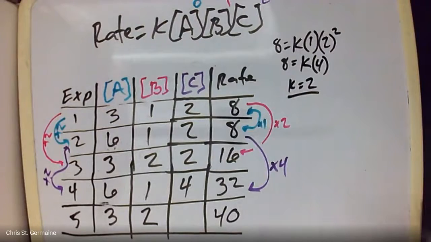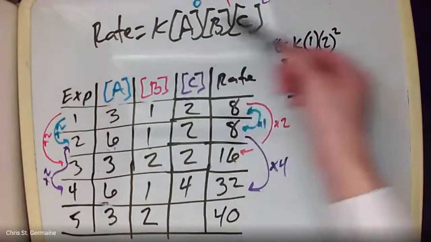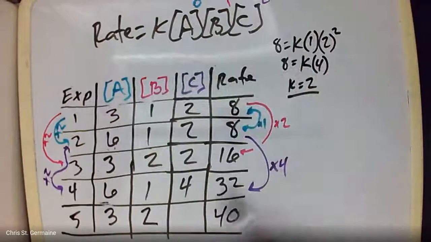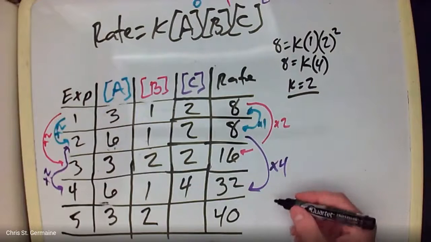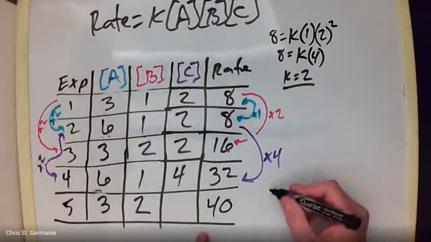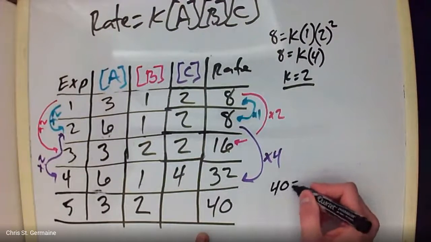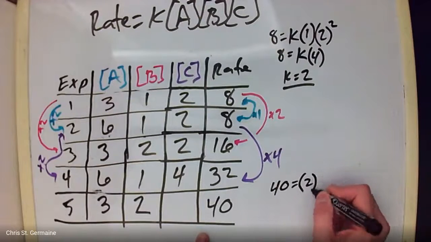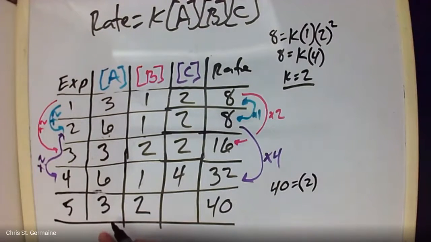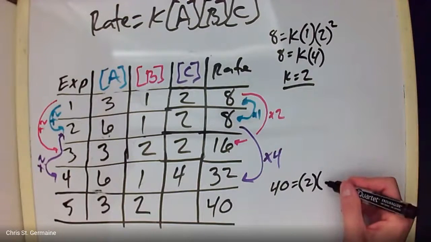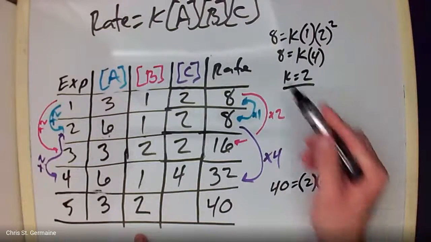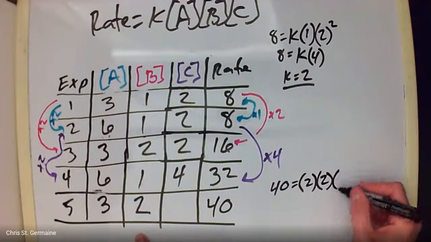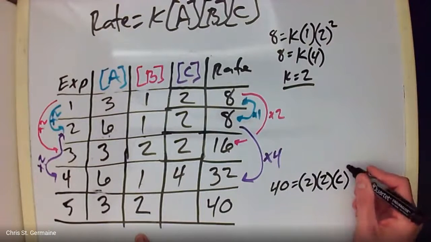Perfect. So now all we do to find a missing one is we just plug it all back in, just like we just did, except now we know K, so we can find that. So if we plug this all in, rate is 40. So 40 equals K, which is 2, times A, which is 3 to the 0th power, so we don't have to put it, times B, which is 2 to the first power, times C, which is what we're trying to find.